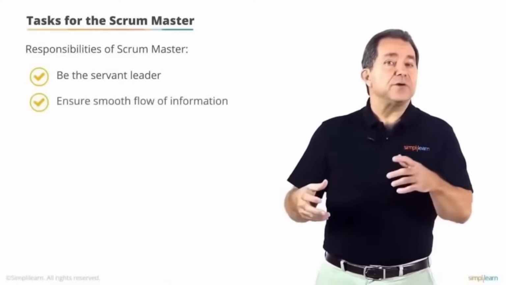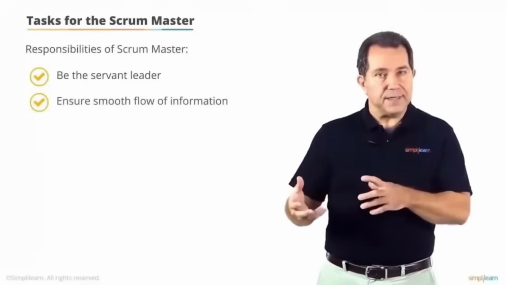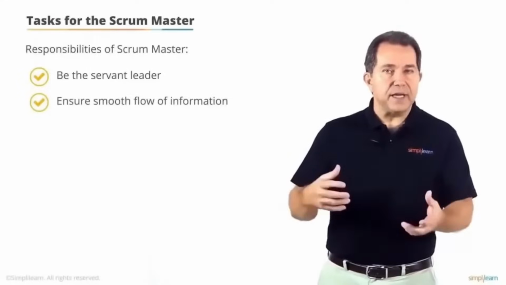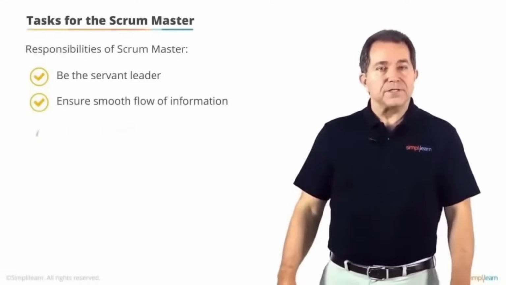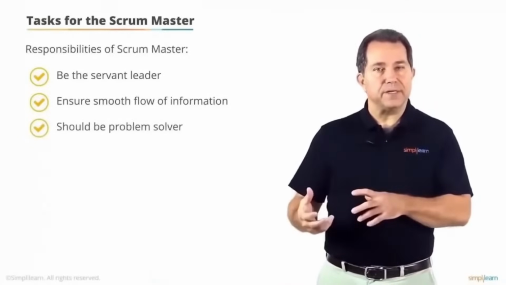They ensure that there is smooth flow of information within and outside the team, and that there is a spirit of collaboration in decision-making and problem-solving. Scrum Masters must make it their mission to resolve issues that hinder team progress.